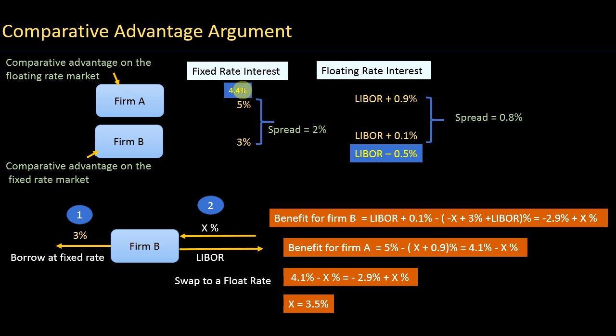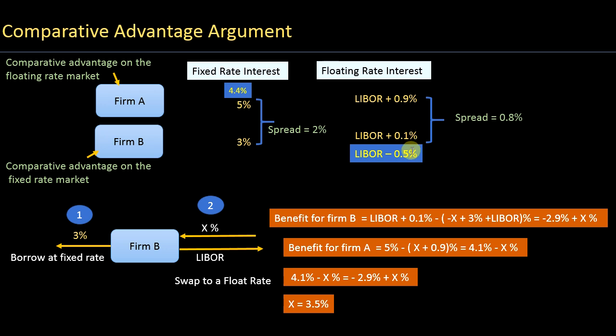So there's a benefit of 0.6%. Firm A saved 0.6% in the fixed rate market. And that's what we can calculate here: 4.1% minus X, which is 3.5%, is 0.6%. The same way, firm B saved 0.6%. You can see LIBOR minus 0.5% is less than LIBOR plus 0.1%.